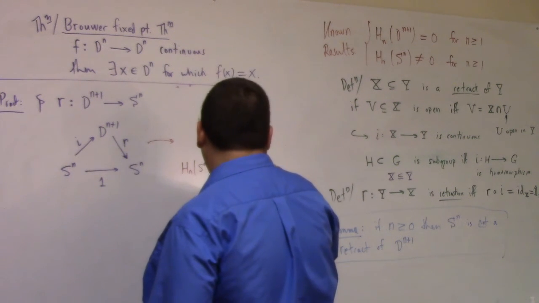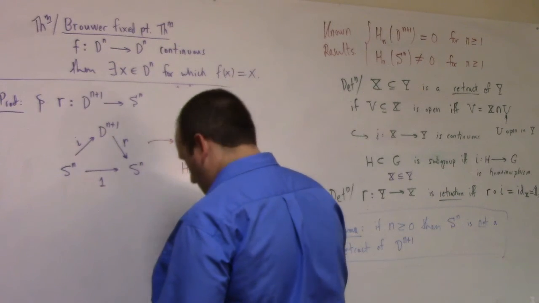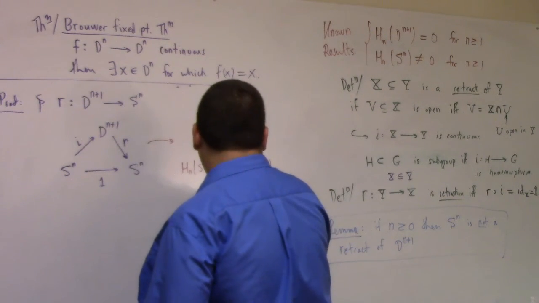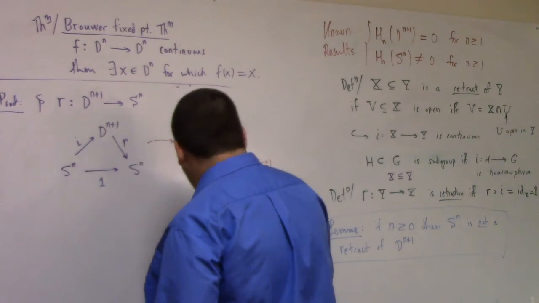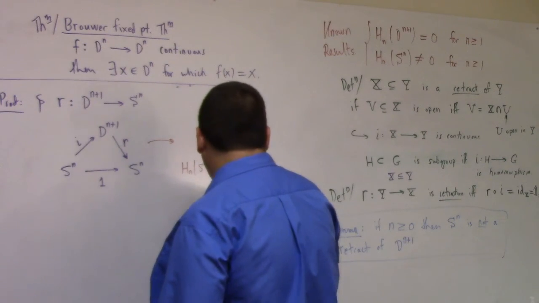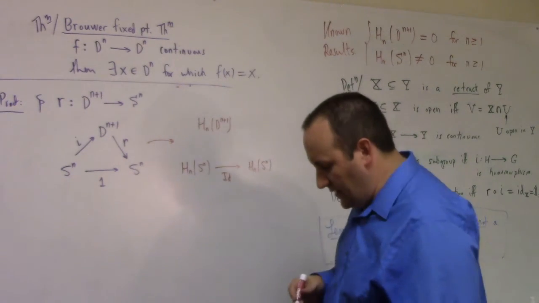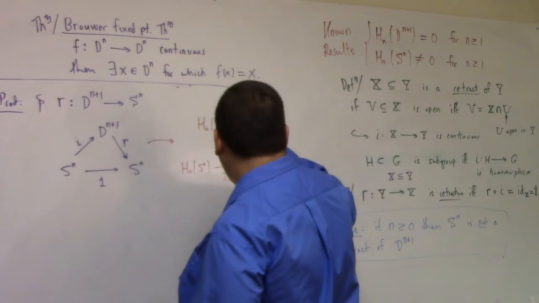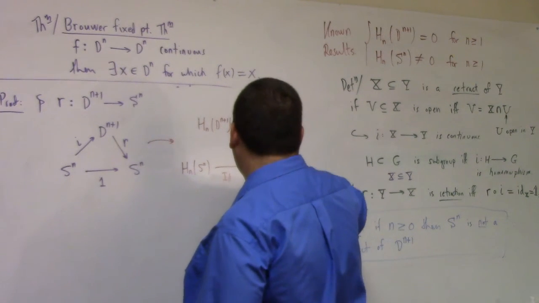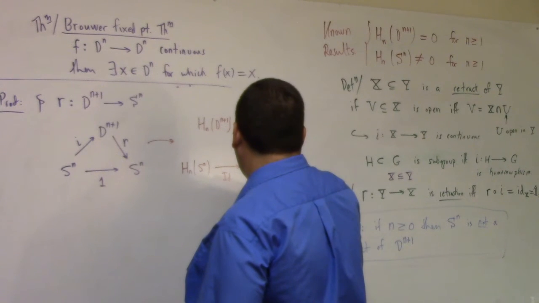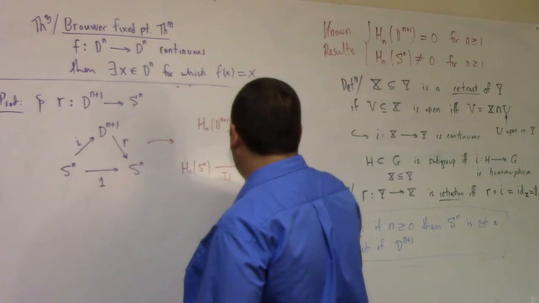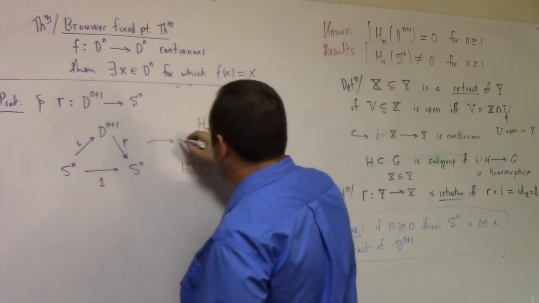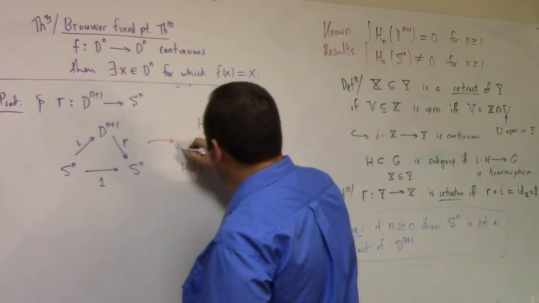The homology functor takes, this is just again the identity map down here, right? He uses a different notation, but I'll use that. And here you have the homology functor of the retraction, and here you have the homology functor of the inclusion.